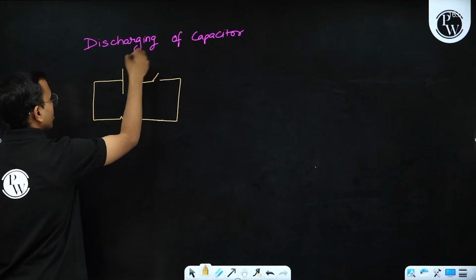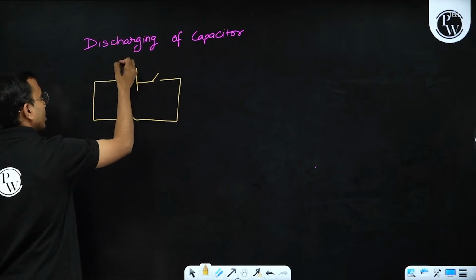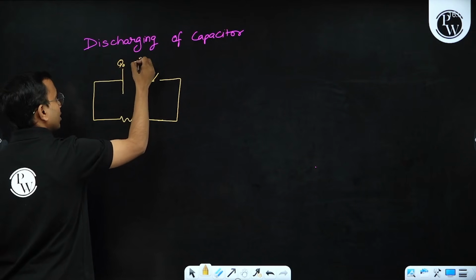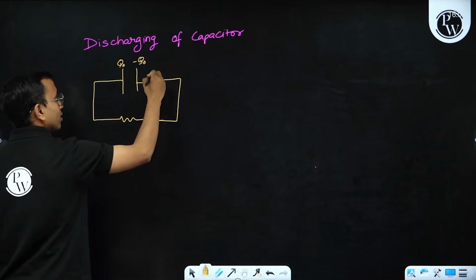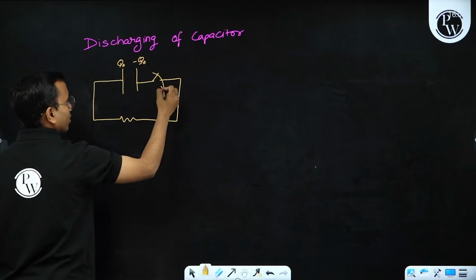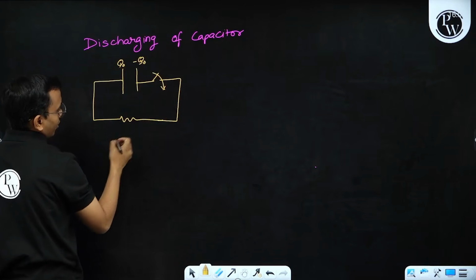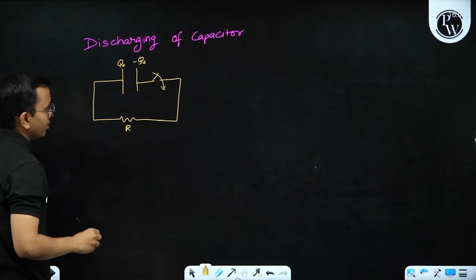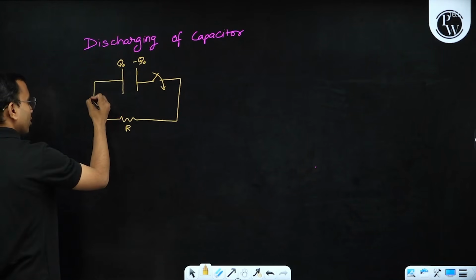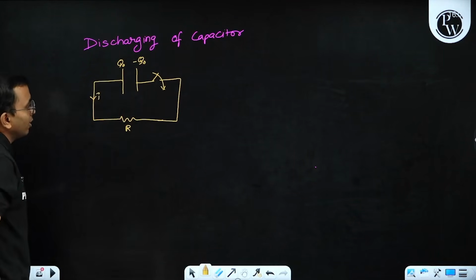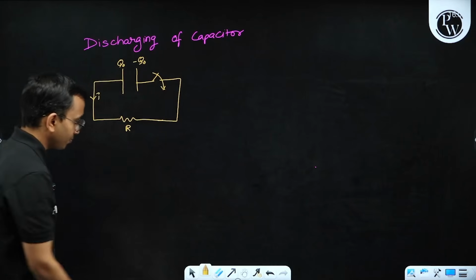The charge has some initial value, Q naught, on one plate and minus Q naught on the other. The switch is closed at t equal to 0. The resistance is R. Now current will flow like this and the charge will decrease.